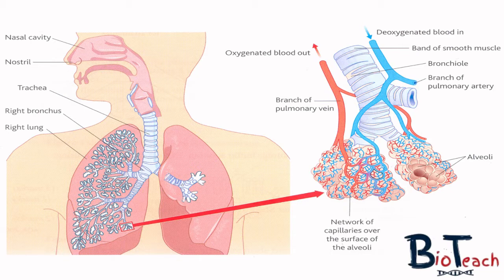Now, in order to understand the structure of our gaseous exchange system or our respiratory system, you can imagine it to be a bit like an upside-down tree. If you imagine the tree the right way up as you look outside of your window, you would probably be able to imagine a large trunk that then goes off into smaller branches. So as you go up that particular trunk, you'll have some primary and secondary branches coming off. That's the equivalent of our bronchi.